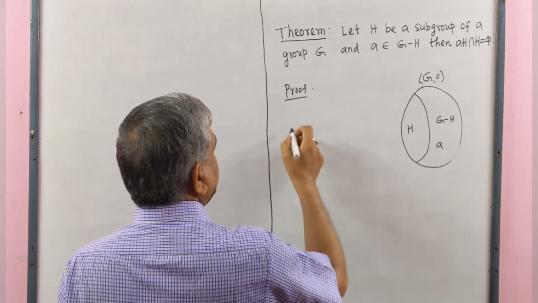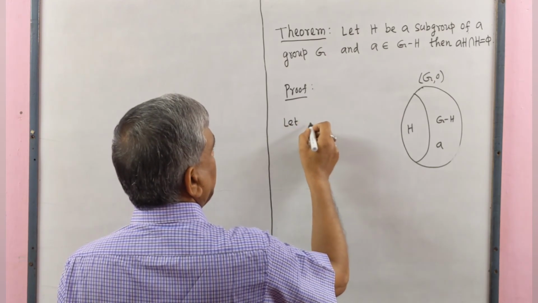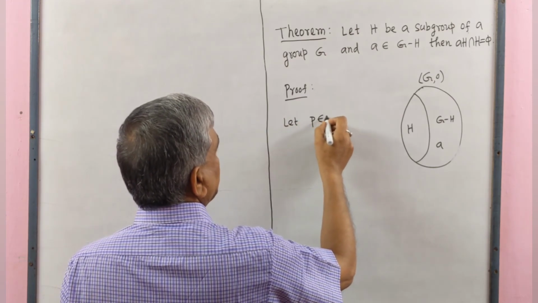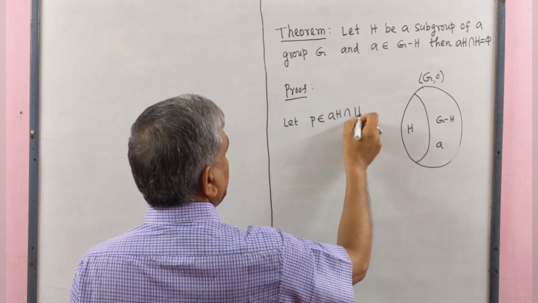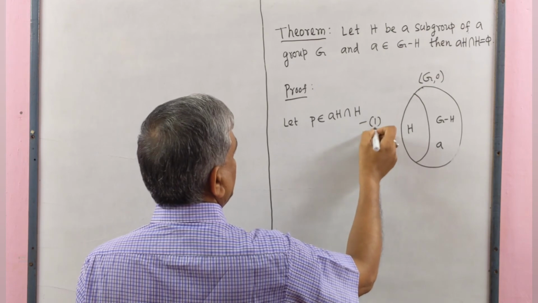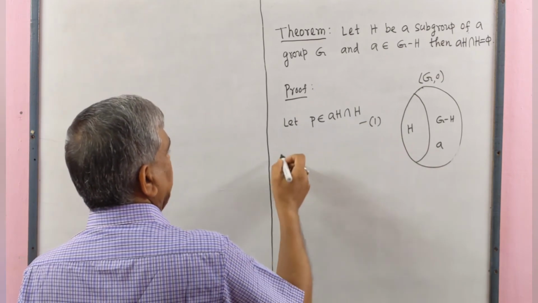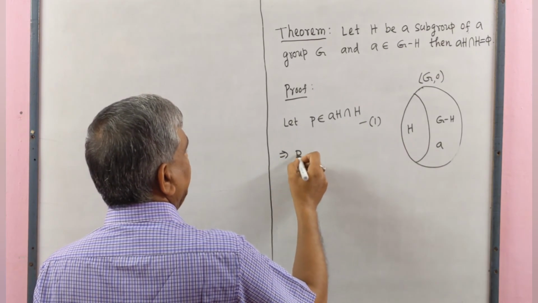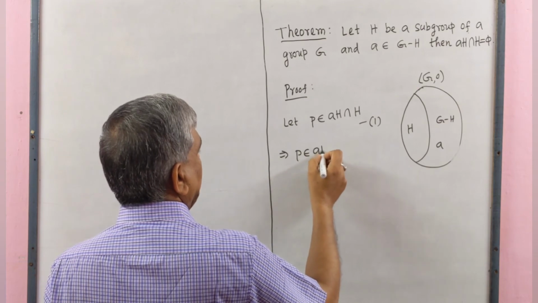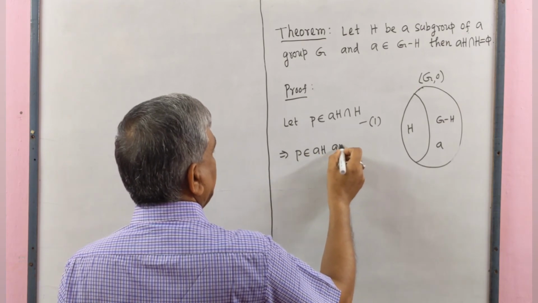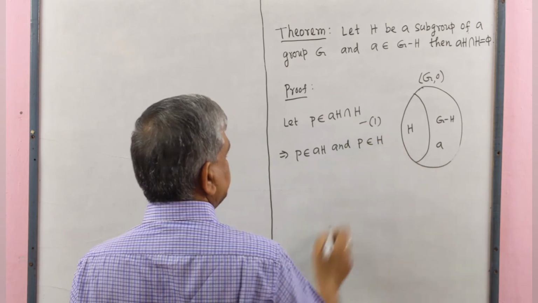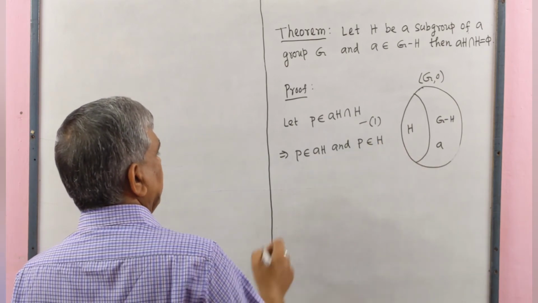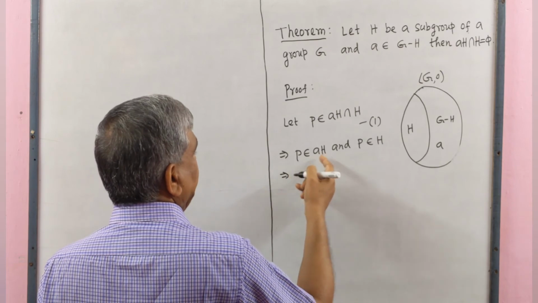If possible, let p belongs to aH intersect H. This is number 1. Implies that p belongs to aH and p belongs to capital H. Here p is an element of aH.